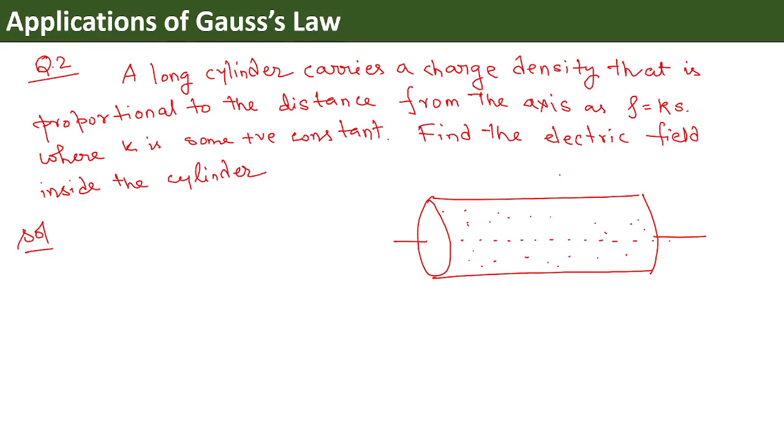So what you are going to do is take a Gaussian surface at some distance, say s prime, from the axis of the cylinder, and then see how much charge is enclosed by the small cylinder, which is basically the Gaussian surface. So this is nothing but the Gaussian surface.